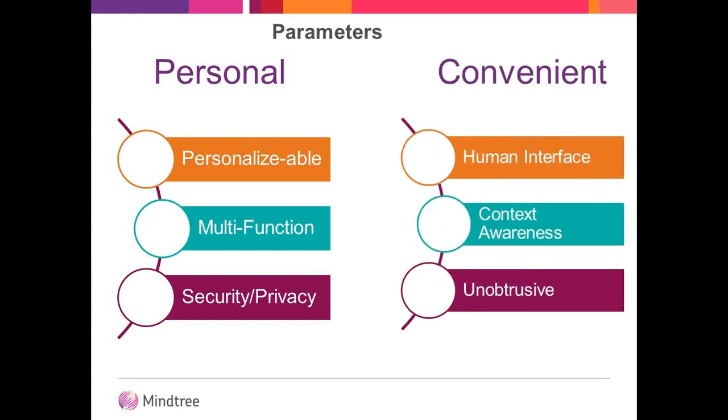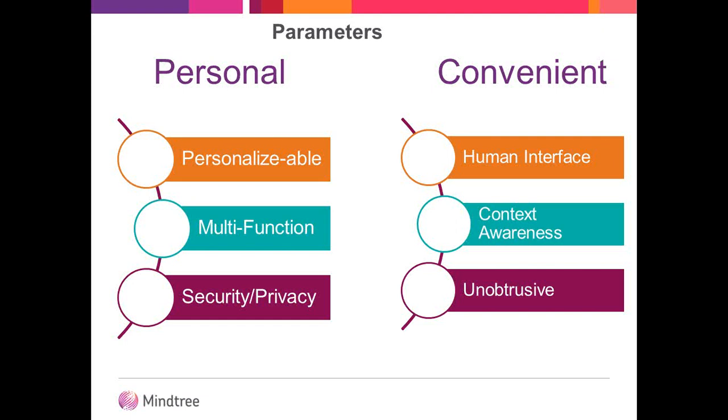The second attribute we talked about was convenience. The first parameter you have to look at there is human interface. I specifically don't call it human machine interface because from a product point of view, this is a wearable, so you have to look at it as a human interface. Even buttons are not a human-like interface.